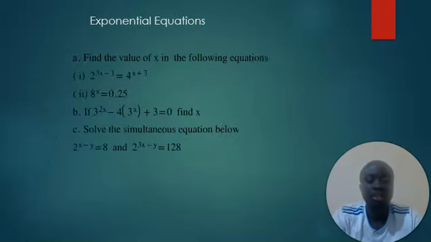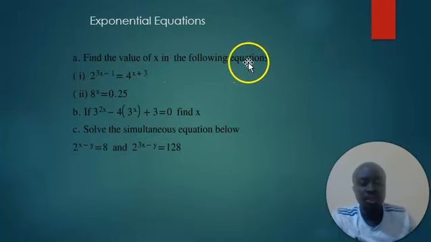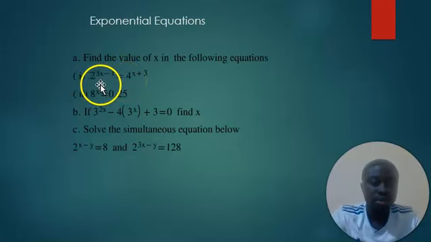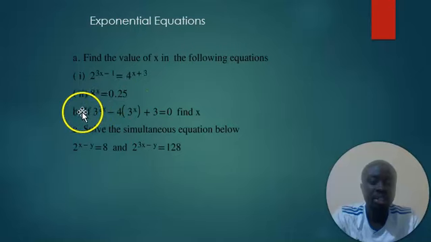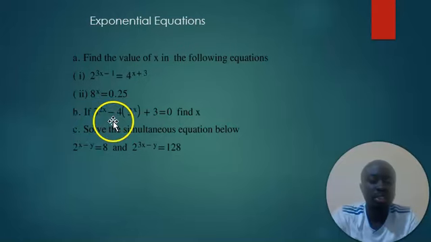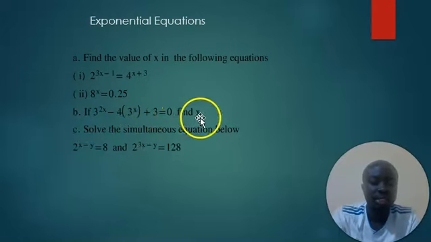So let's keep going. Find the value of x in the following equations. (a)(i) 2 raised to the power 3x minus 1 is equal to 4 raised to the power x plus 3. (ii) 8 to the power x is equal to 0.25. And (b), if 3 raised to the power 2x minus 4 multiplied by 3 to the power x plus 3 is equal to 0, find x.